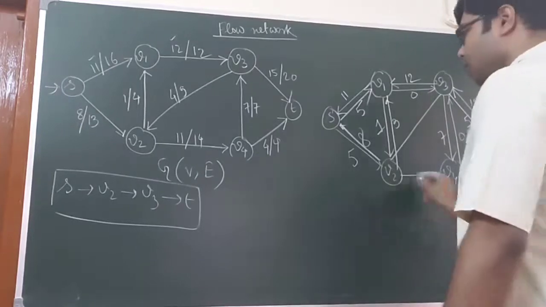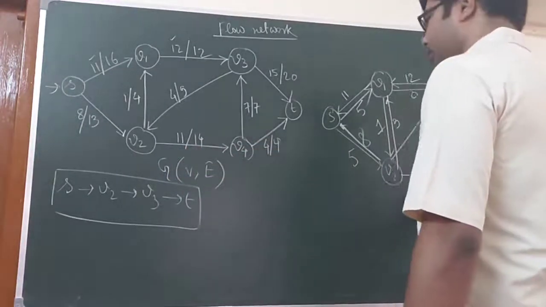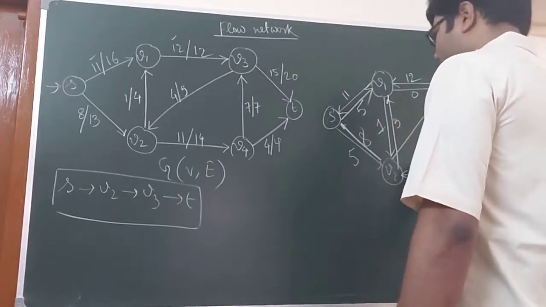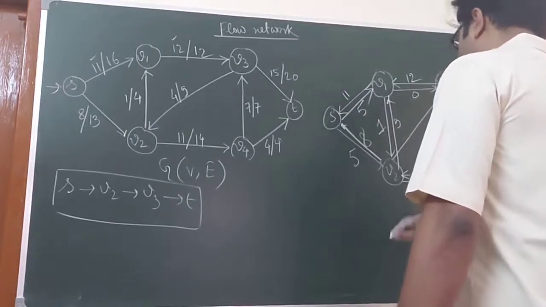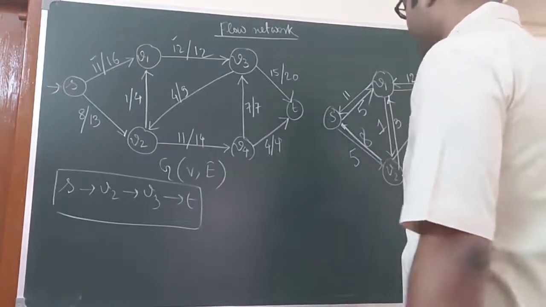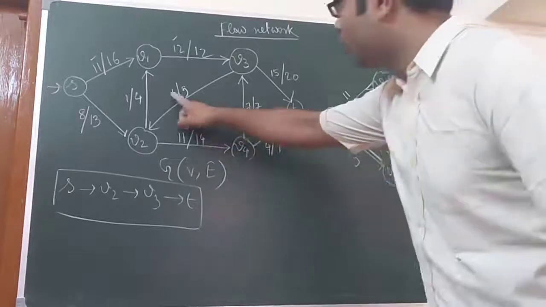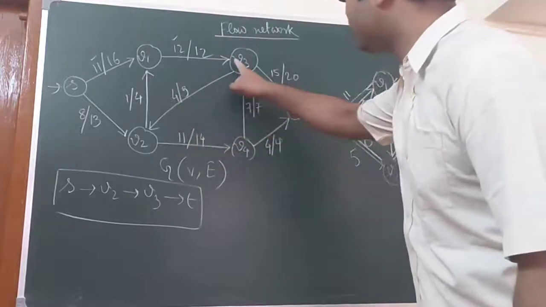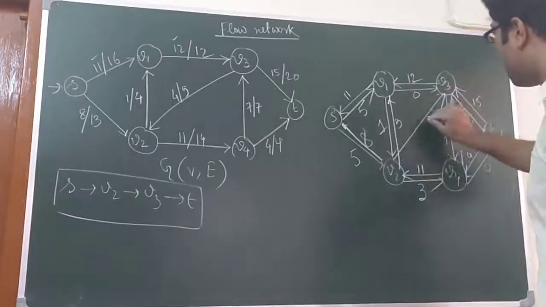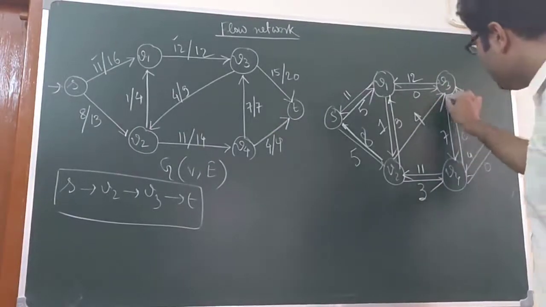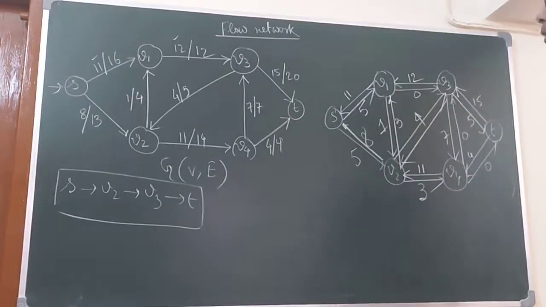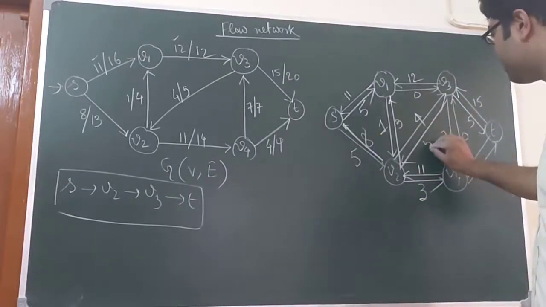From V2 to V4 the flow is 11, and we can increase by 14 minus 11. And 4 amount is flowed from V3 to V2. So V2 to V3 the amount is 4, and V3 to V2 the amount to be increased is 5.